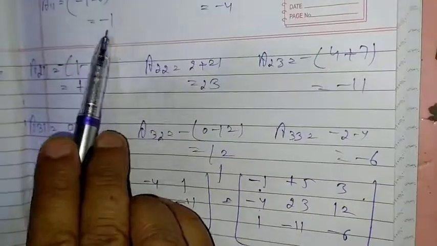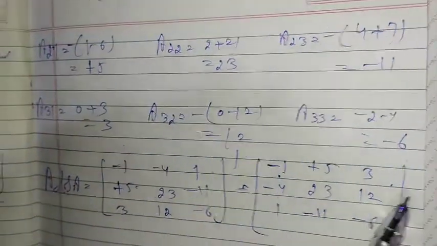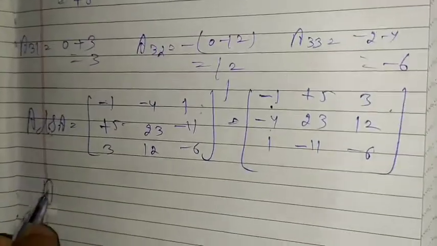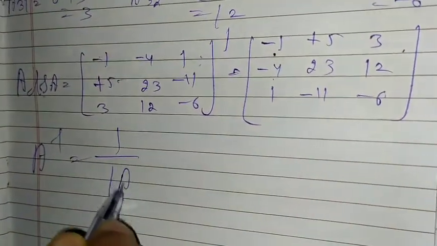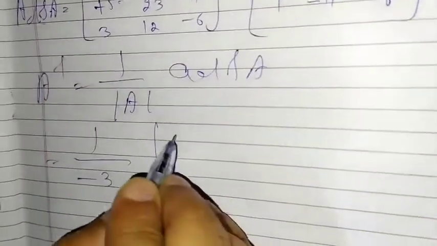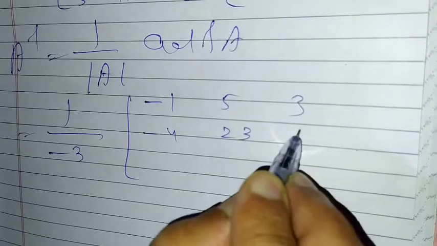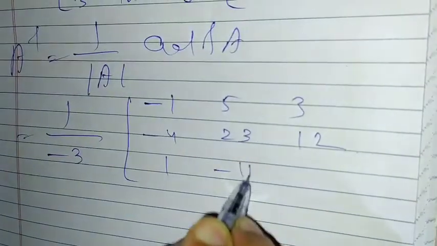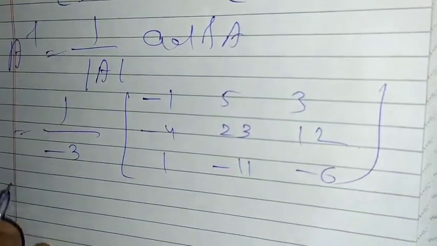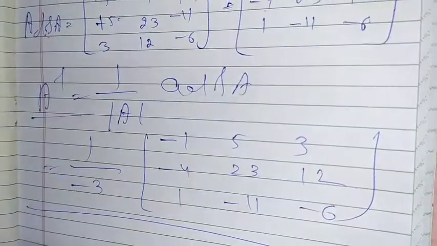Write these cofactors minus 1, minus 4, 1, and so on, and the transpose of this is called the adjoint of A. Now A inverse is 1 by the determinant of A into adjoint of A. 1 by the determinant of A gives minus 3, and adjoint of A is minus 1, 5, 3, minus 4, 23, 12, 1, minus 11, minus 6. These are the inverse of A.